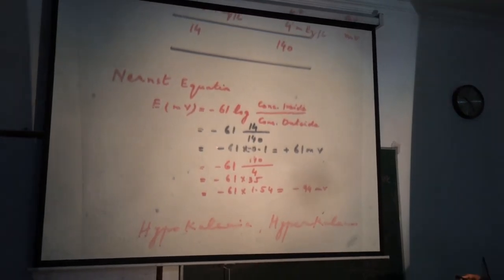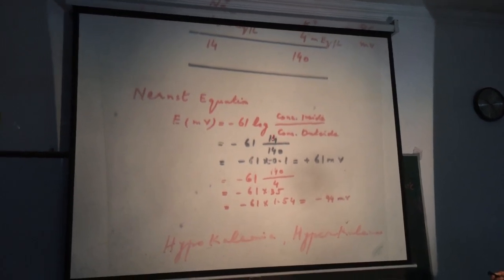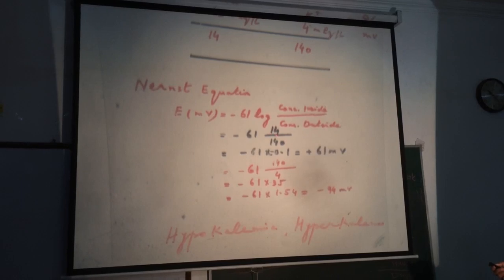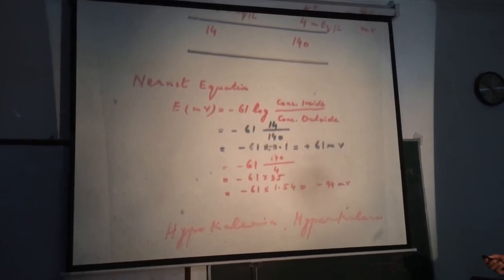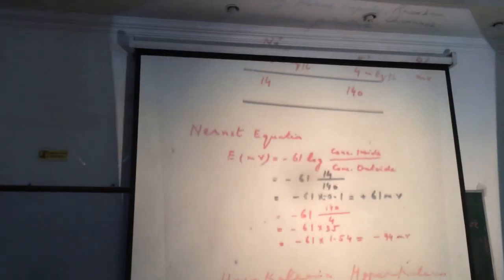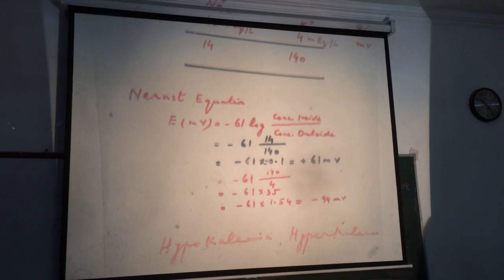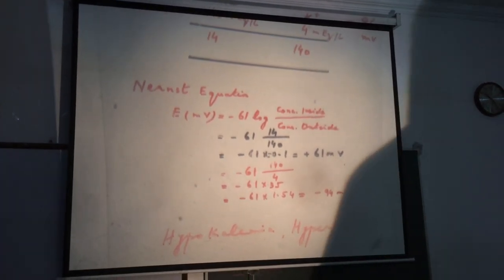So in that case, you put the sodium concentration in this equation: 14 inside, 140 outside, and this will be 14 over 140.